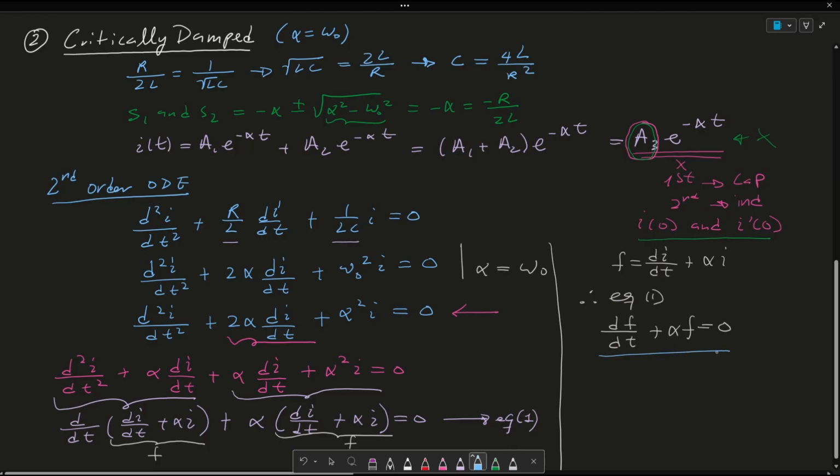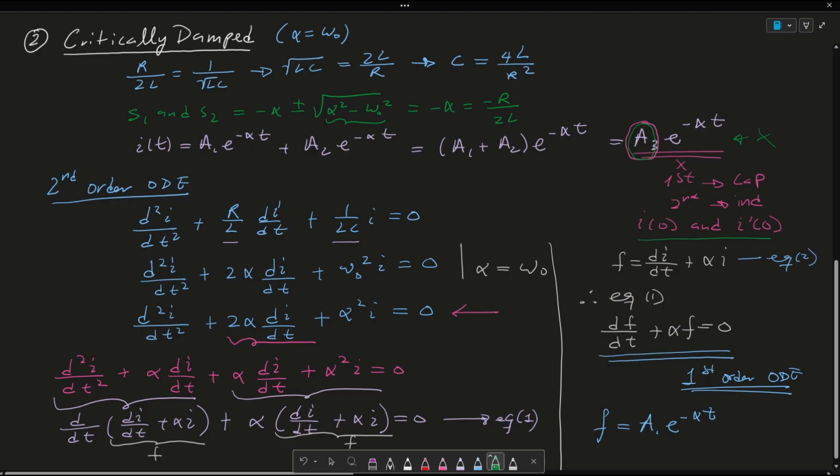And I hope this manipulation of my terms makes sense, where now this is a first order ordinary differential equation, and we know that the solution to this, we know that f has to be A1 e to the minus alpha t. And before we continue, let me call this here equation number 2.